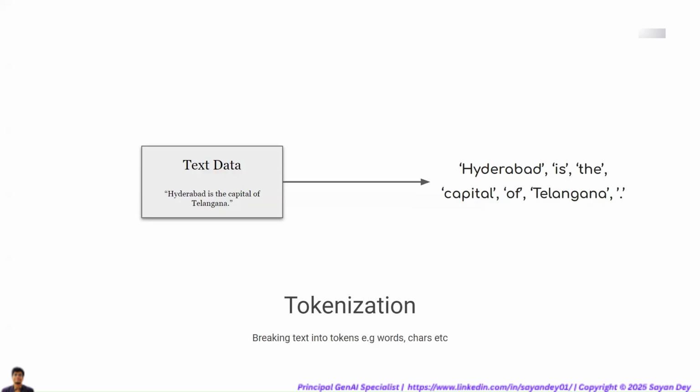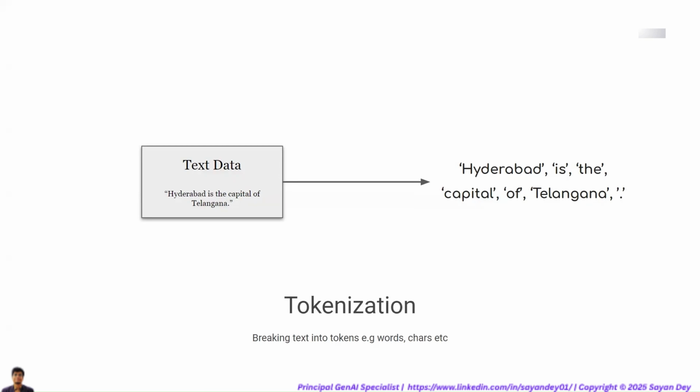What is the very first step when we are starting to work with text data? The very first step is that the machine tries to identify the tokens. What are the tokens that are coming out of this text? The complete text data is Hyderabad is the capital of Telangana.